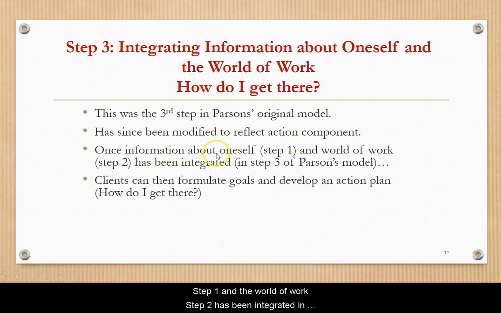So once the information about oneself in step 1 and the world of work, step 2, has been integrated, in other words, the client has, as a result of doing the step 1 and step 2 work, identified some possible options that seem to be a good fit for them, then we can put those things together and formulate some goals and an action plan, which we talk about in this model as, how do I get there?